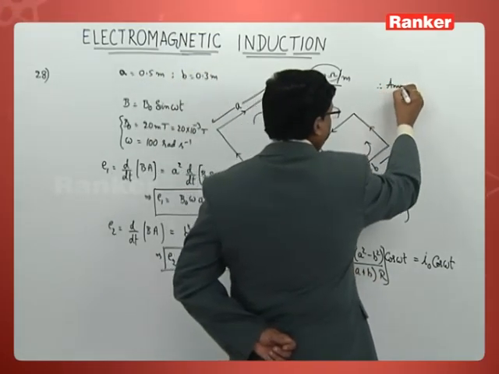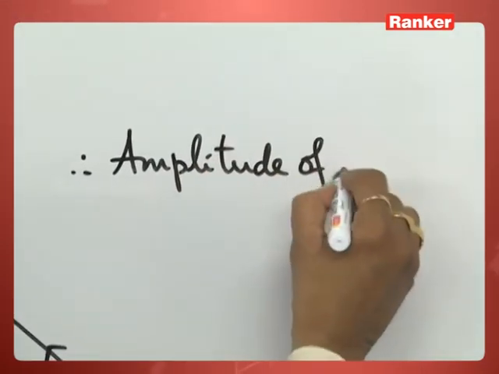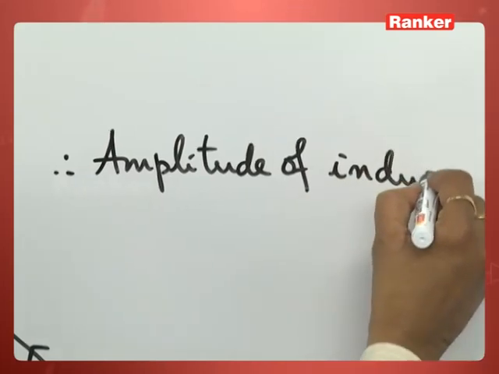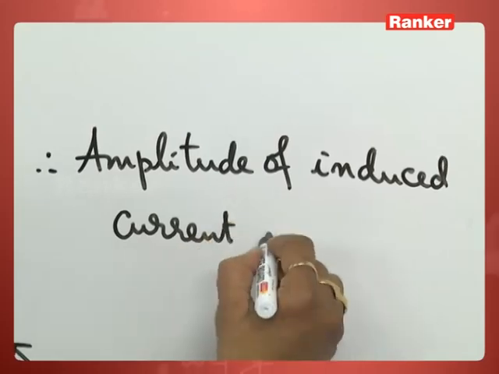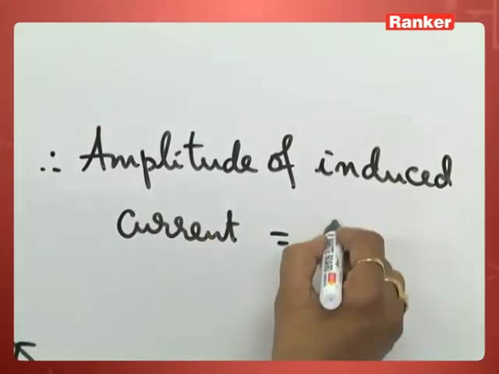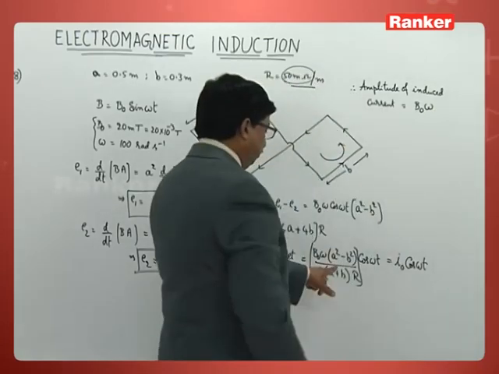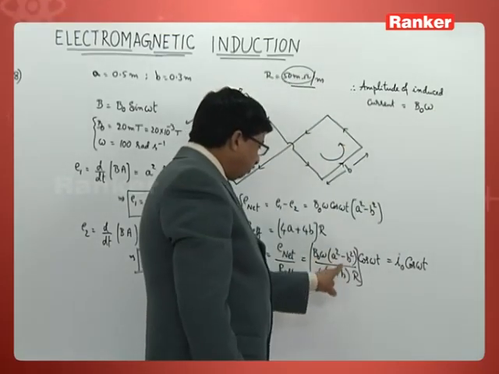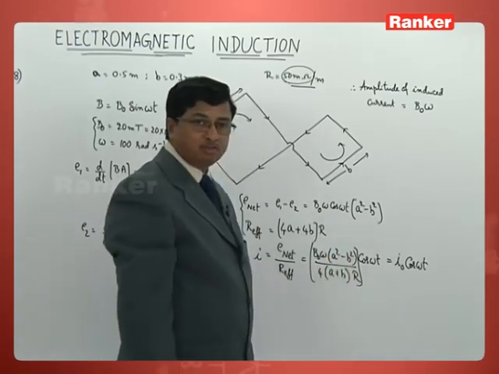Therefore, amplitude of induced current can be taken as B naught omega, A square minus B square by A plus B. Can't I just write it as A minus B?